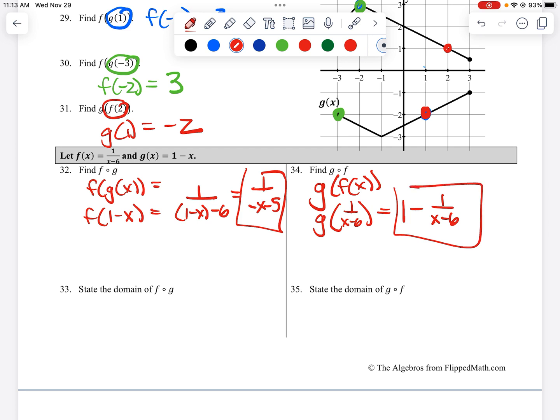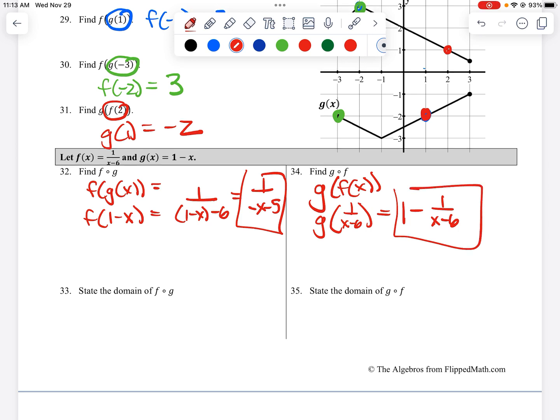What is the domain of f of g of x? So this part is all reals, so we're good there. But when we look at our function 1 over negative x minus 5, the denominator can't equal 0, right? Because we can't divide by 0.